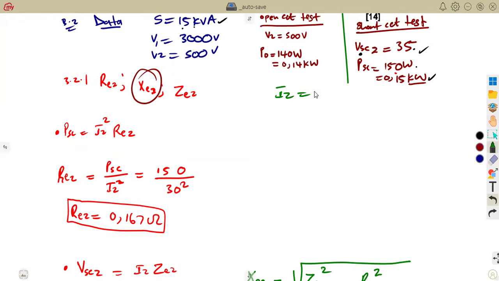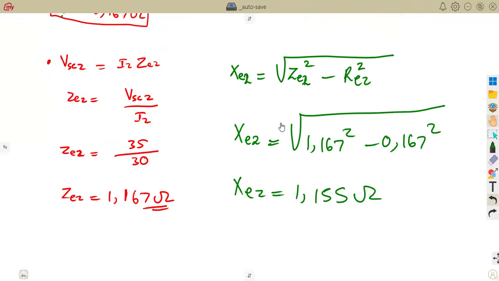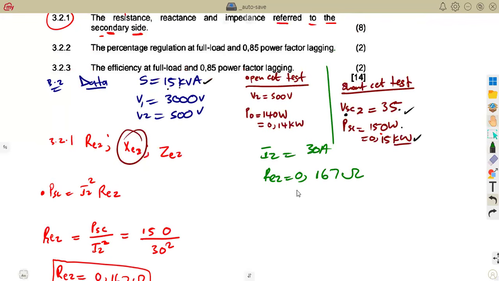But remember, we calculated I2, that was 30 amps. We calculated this one, 0.167. Especially these ones, we might need them, guys. The ZE also and the XE. All right, no problem. Let us continue.